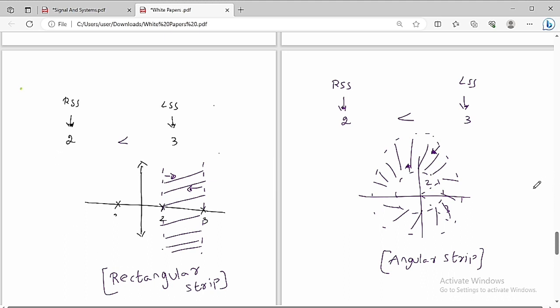Similarly, in the discrete time domain, if the highest magnitude pole of the right-sided signal is lesser than the least magnitude pole of the left-sided signal, then we are going to get an angular strip.